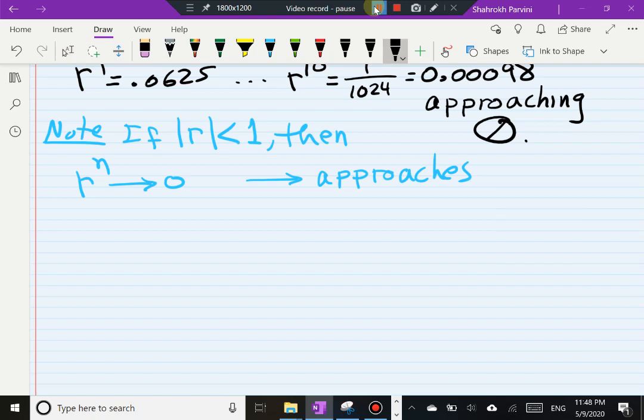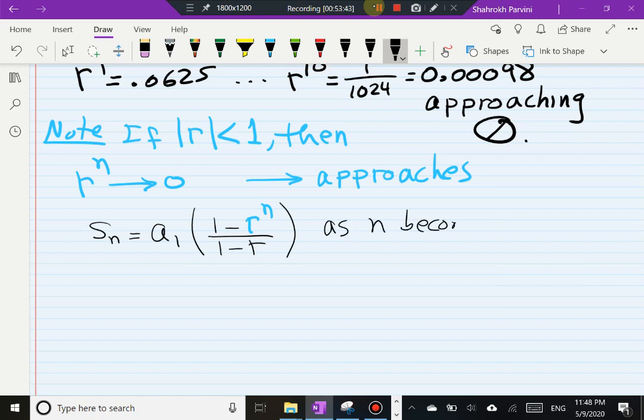So now let's revisit the formula we had for the nth partial sum. Remember, S sub n was a1 times (1 minus r to the n) divided by (1 minus r). Now imagine that n becomes very large, near infinity.